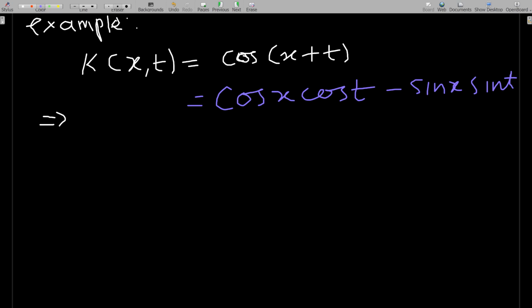Now you can see that the kernel has been broken down into two parts. So I can say that this k of x t is the same as the sum of these.